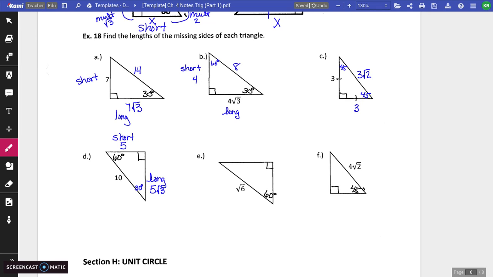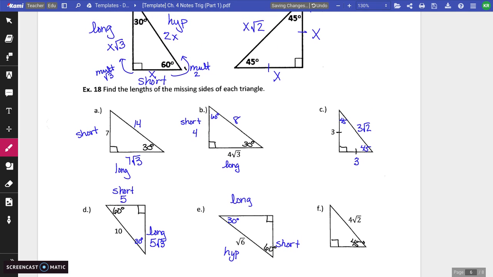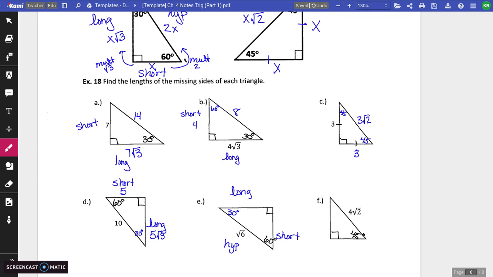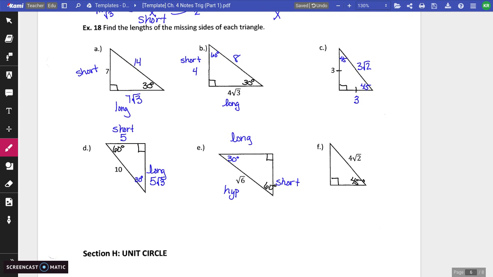On E, this side is your short leg, this is your long leg, and we're given the hypotenuse again. To go from hypotenuse to short leg, you divide by 2, just like we did when we went from 10 to 5.